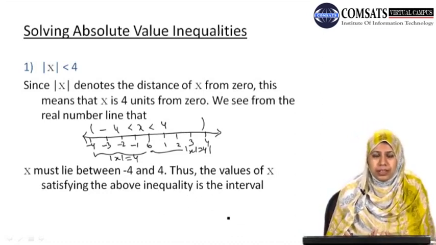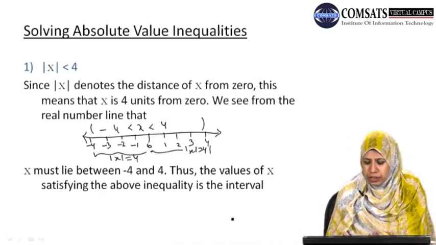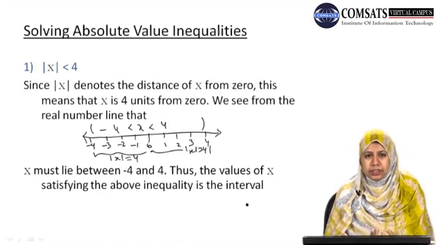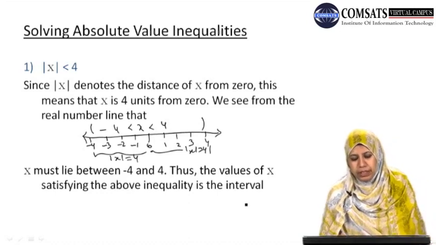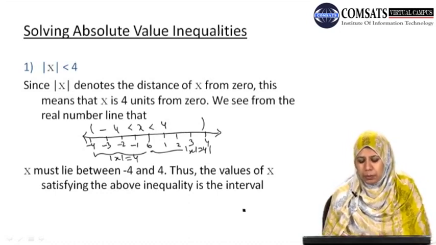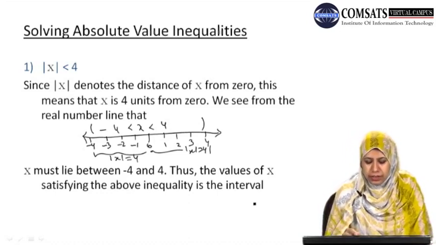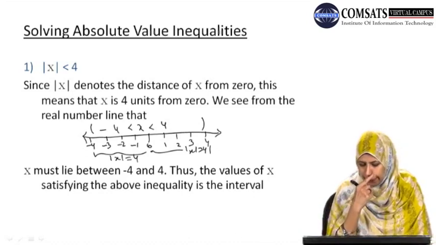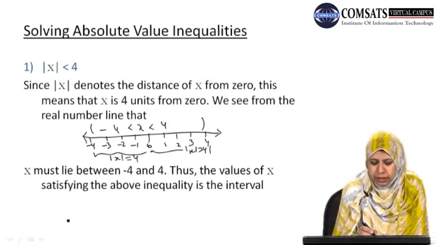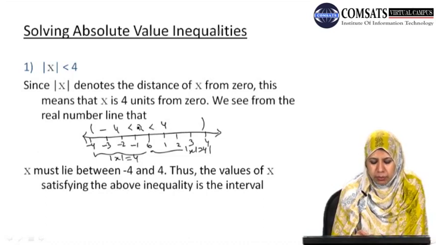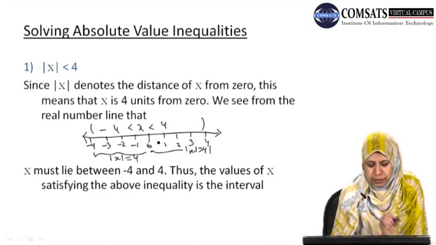In the case of equations, we obtain certain points which satisfy the equation. But in the case of inequalities, we obtain an interval which satisfies the inequality. And here we have a double inequality with strict inequalities on both sides.